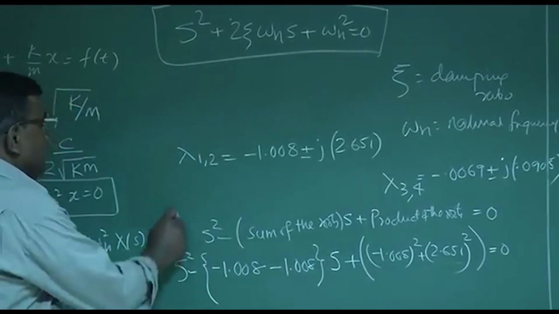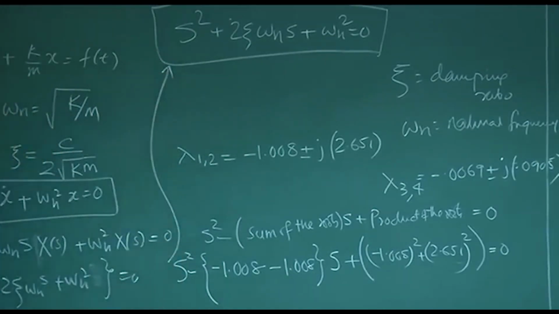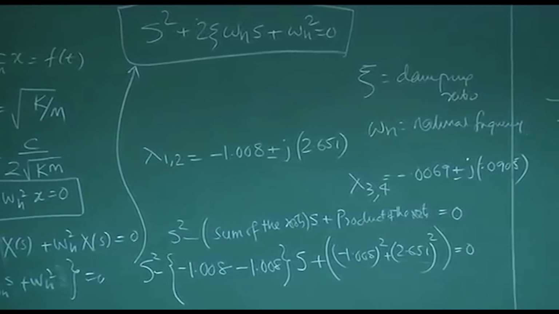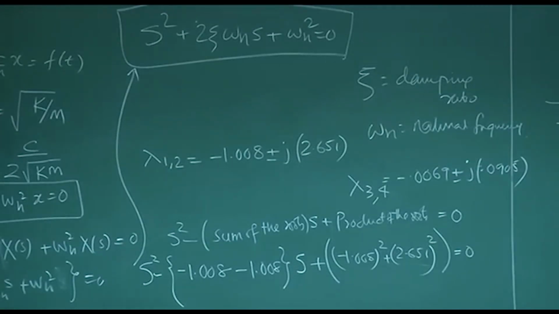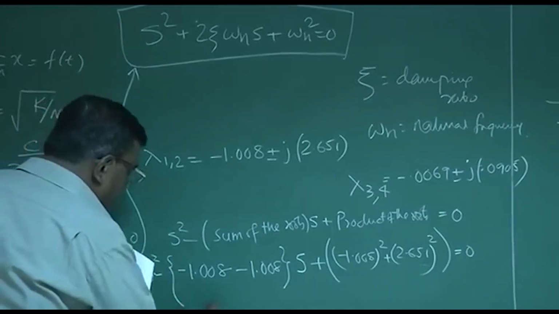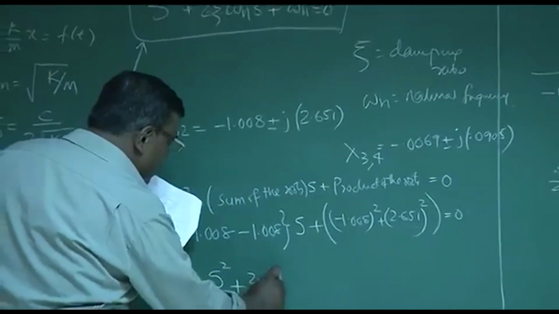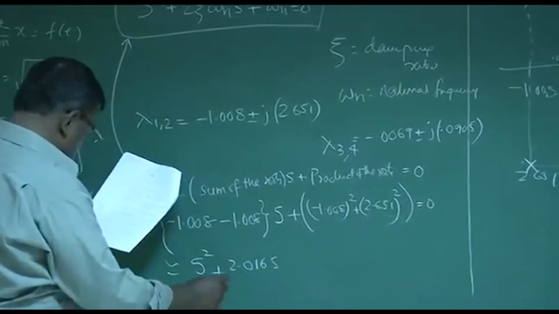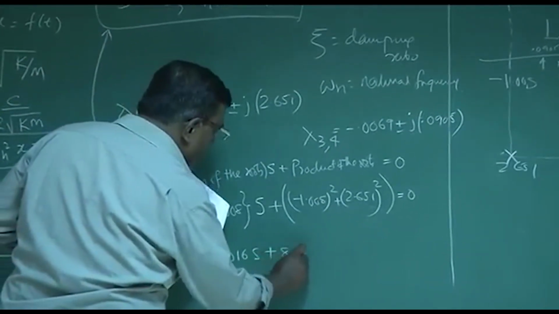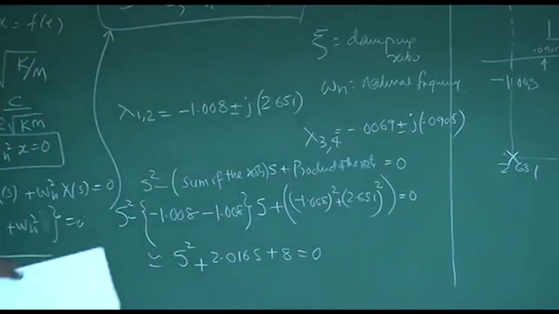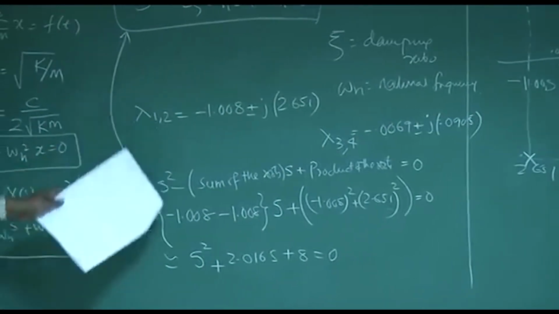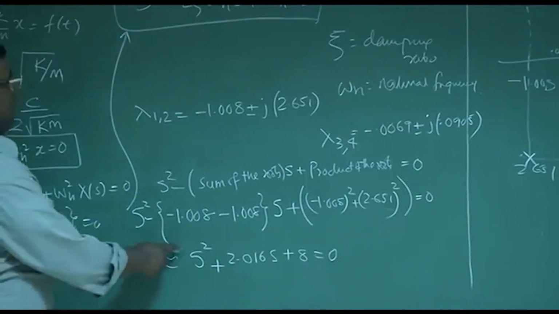Now you compare this with the standard form to get zeta and omega n. If I do a rough calculation, I can write this as approximately S square plus 2.016 S plus roughly 8 equal to 0. The moment I get this equation from these two roots, I will compare it with the standard form.